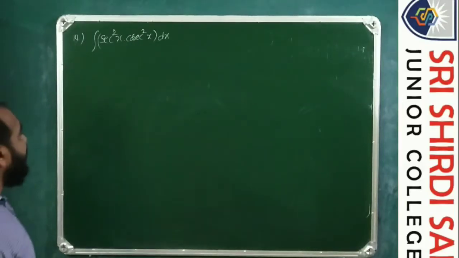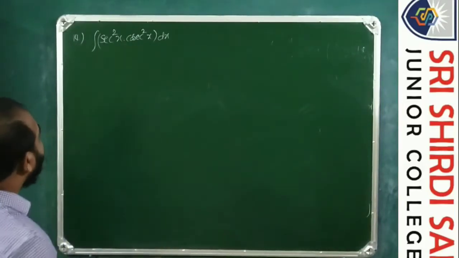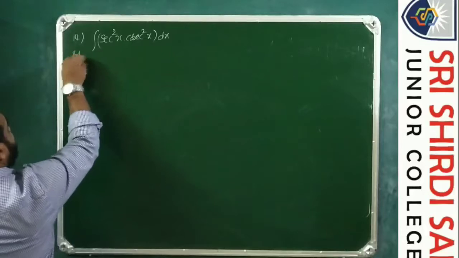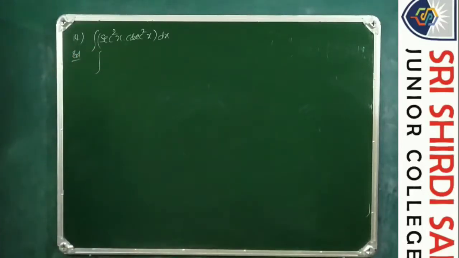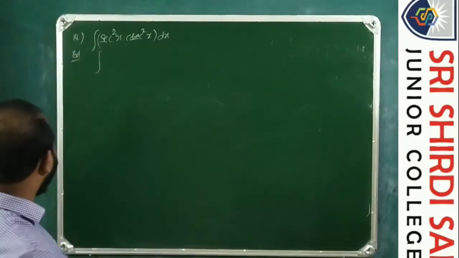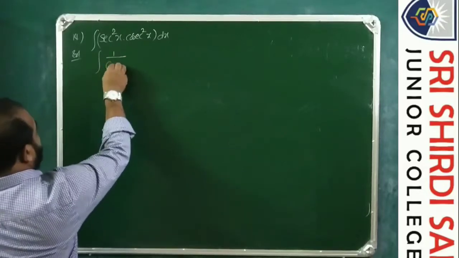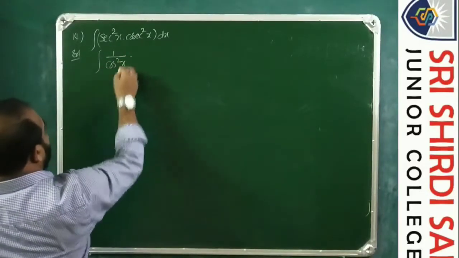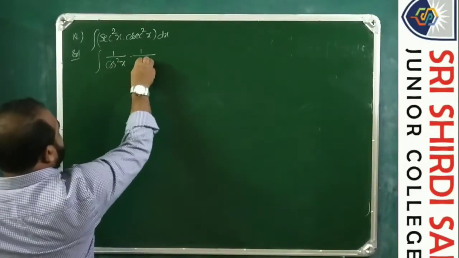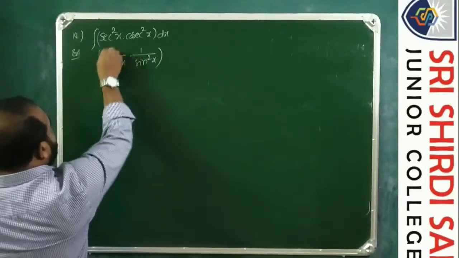Integral sec² x into cosec² x dx. How do we do this? So sec² x can be written as 1 by cos² x into 1 by sin² x, whole dx.